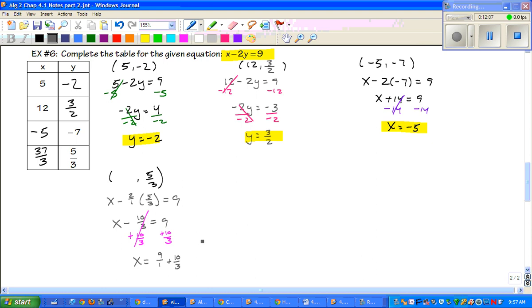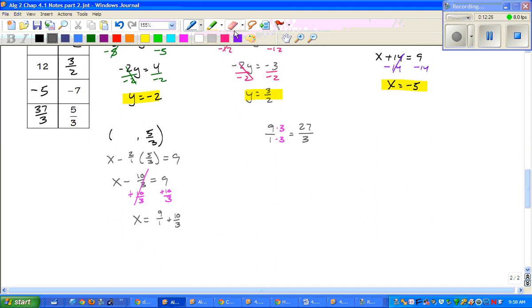So we need to find an LCD. We need this to have a denominator of 3. Okay? So if you times both of those by 3, we get 27 over 3. So this is really saying x equals 27 over 3 plus 10 over 3. And when you get that, it's 37 over 3. Okay?